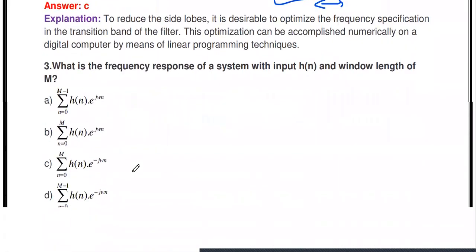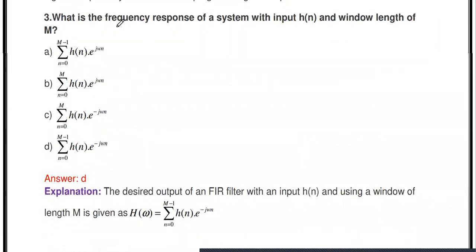Then the next one: what is the frequency response of a system with input h of n and window length M? The frequency response of that particular system is the Fourier transform of that function.